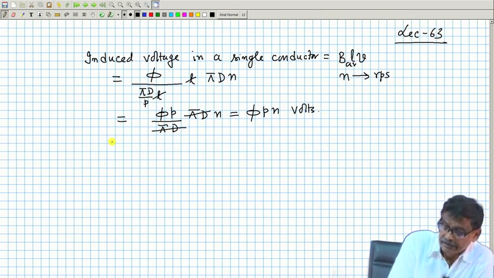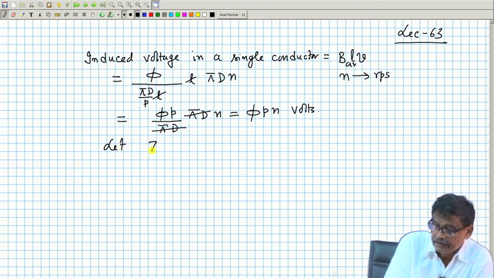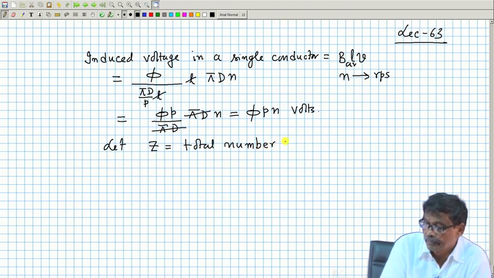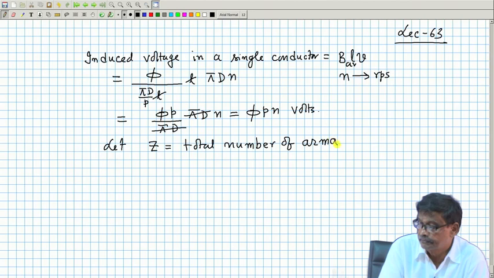Now, I will say let Z be the total number of armature conductors.